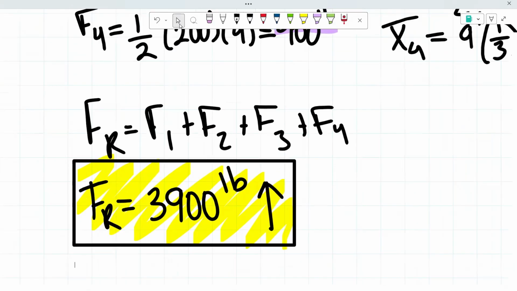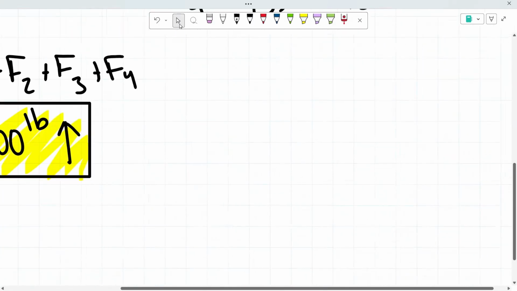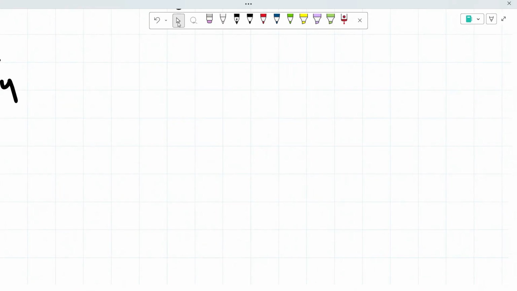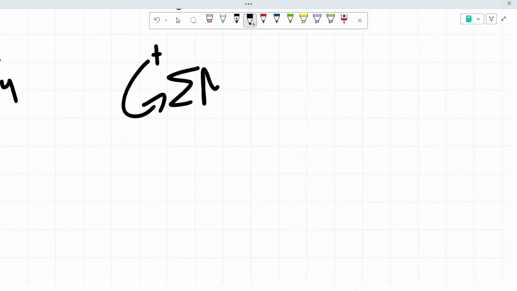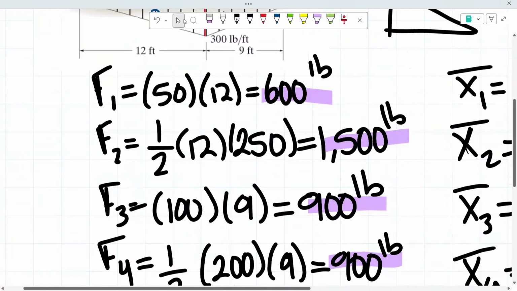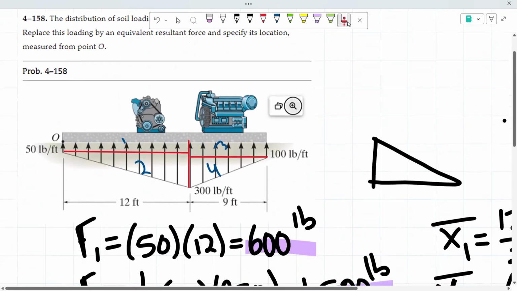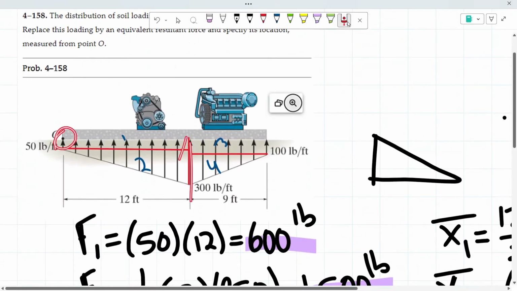And now for the location of our resultant force, we could determine that equation by writing the sum of the moments about point O. Looking at this, point O is on the left side. We know that our resultant force is going to be somewhere here on the right side, and it's going to be going upwards.